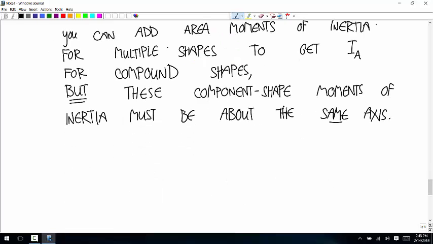And so how do you get the area moment of inertia of these component shapes to all be about the same axis?